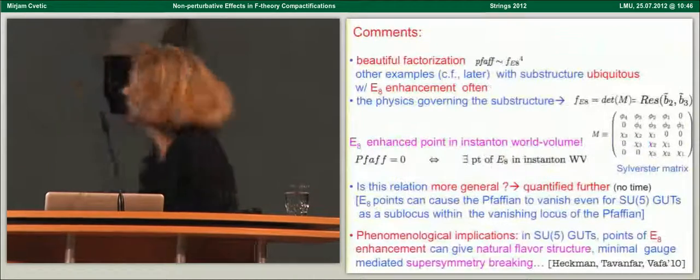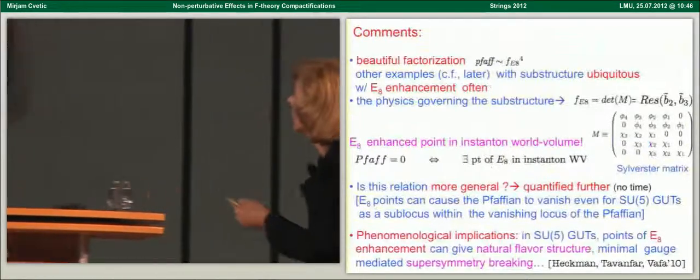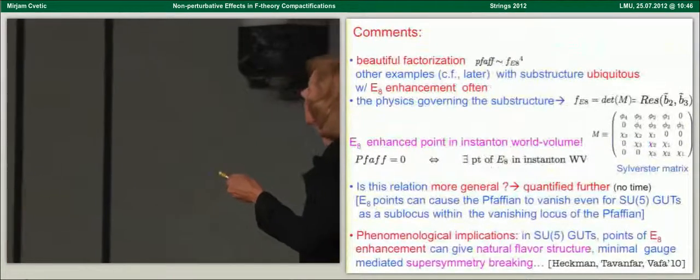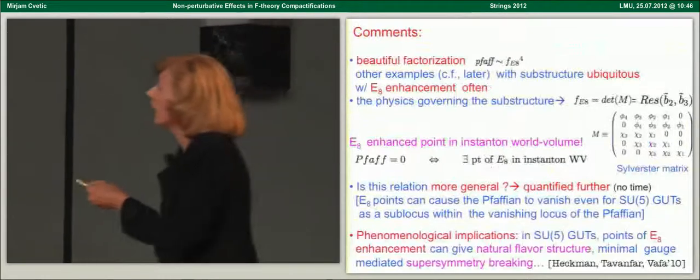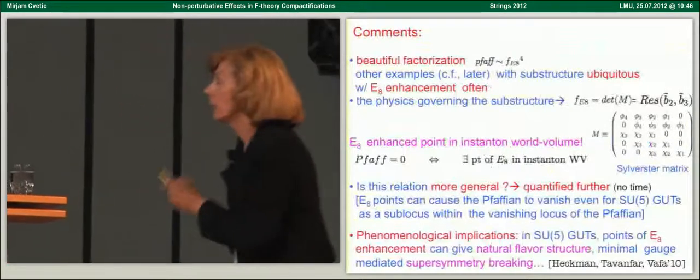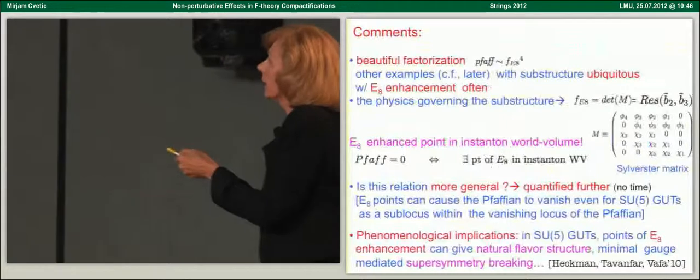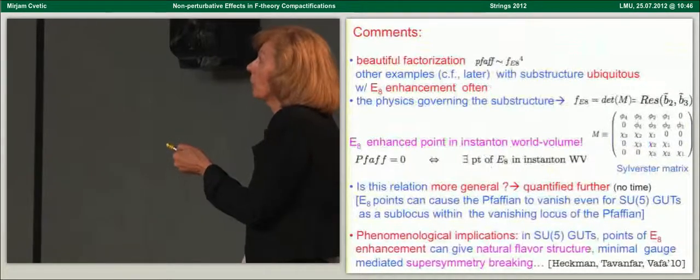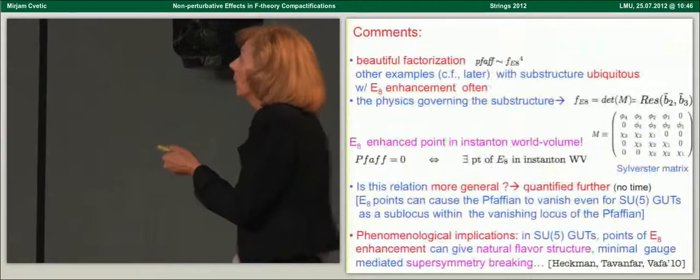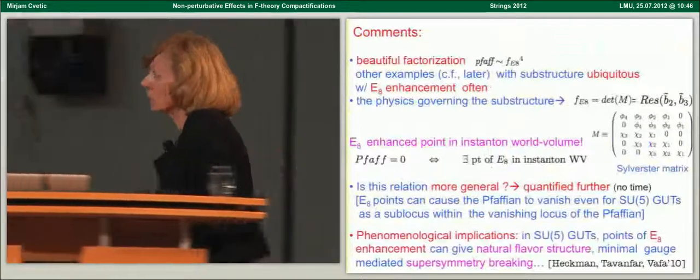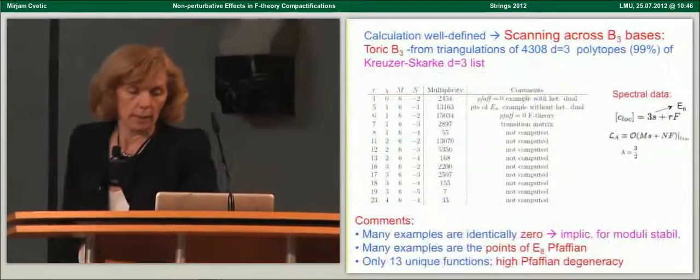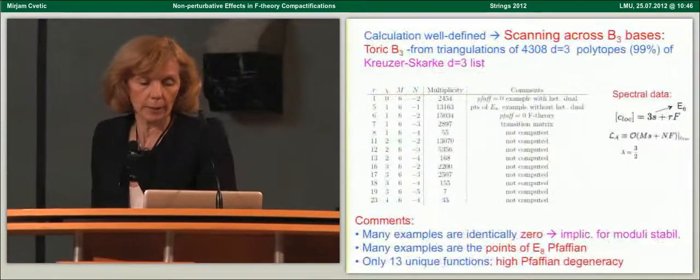That is intriguing because there are potential interesting implications of this observation: points of E8 enhancement seem to be special and could give us a natural flavor structure potentially in SU(5) F-theory GUTs, also some aspects of supersymmetry breaking scenarios, and so on.